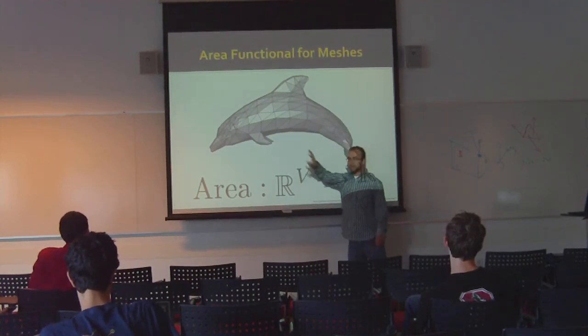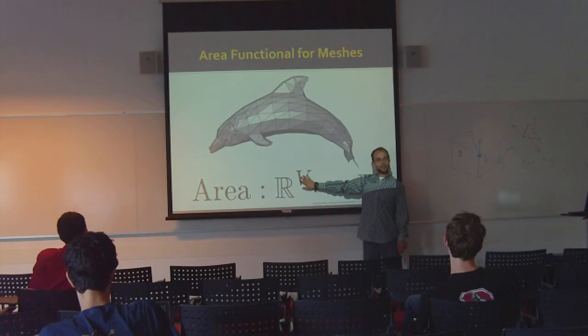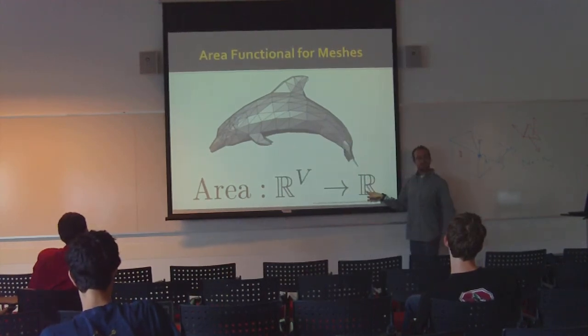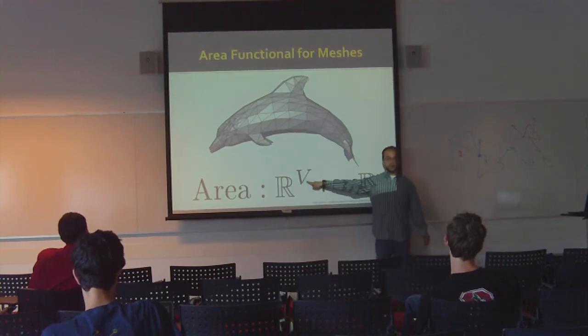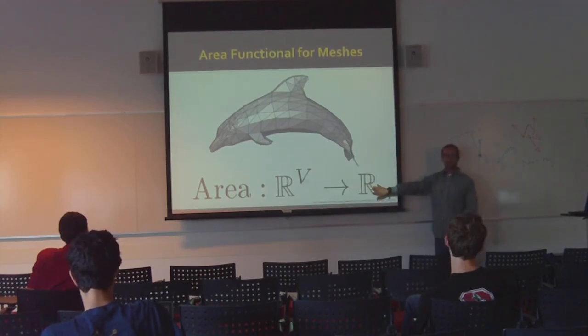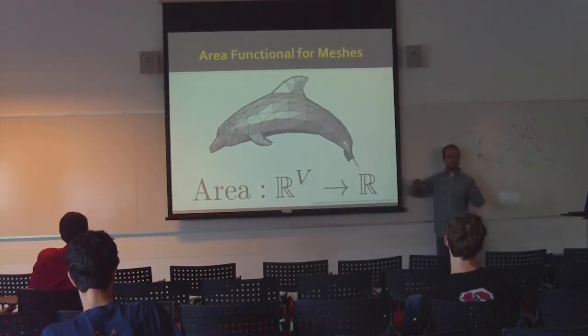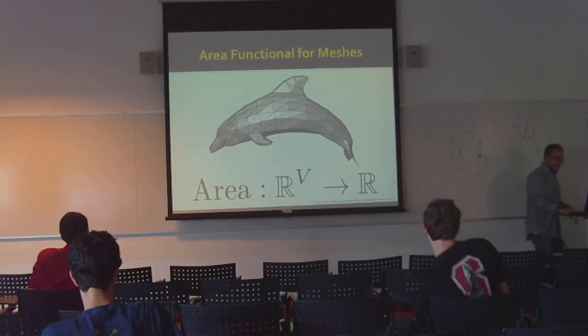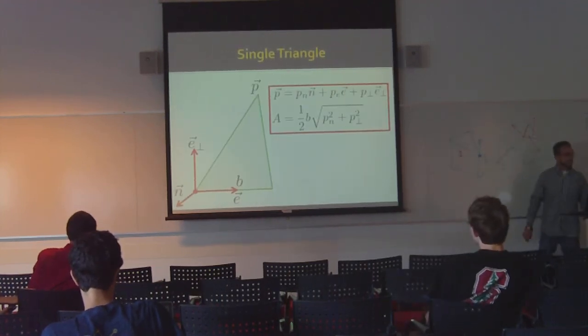Now that I know all the positions of all the vertices, I can sum together the areas of all the faces of the mesh and get a single number out, the surface area of this whole guy. So this is some functional from R^3V, remember x, y, z, to just one number, which is the surface area of the surface that comes out. That makes sense? Cool.